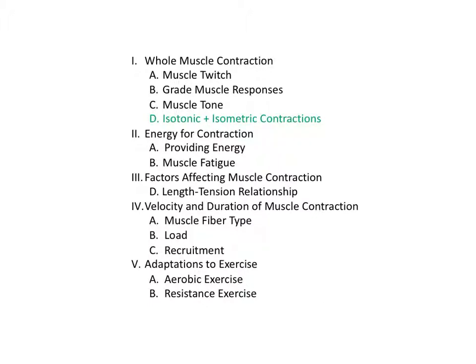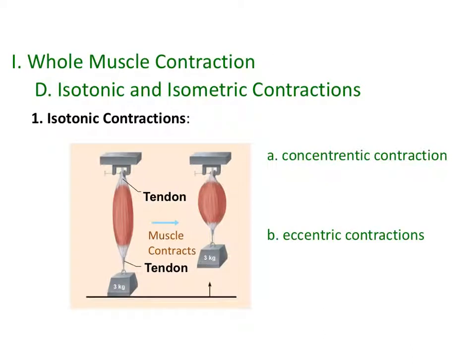I'd now like to introduce you to a couple more terms that are used to describe muscle contraction: isotonic and isometric contractions. Isotonic contractions are defined as those in which the muscle changes length as it moves a load. So length changes as load moves.